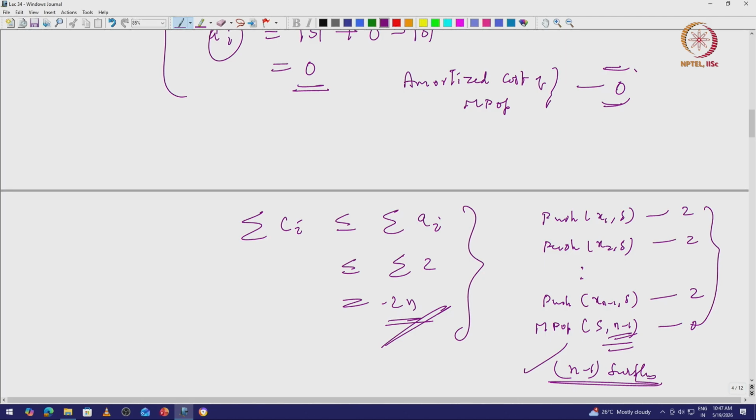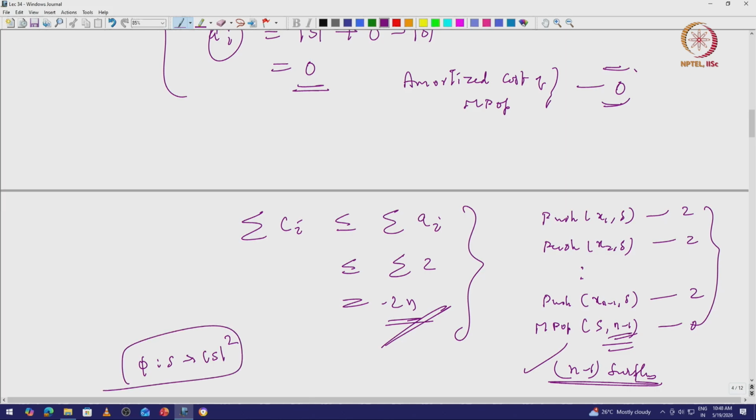So, if I use some other potential function, you may get Ai, but they may be junk values, you may not be able to simplify. For example, try the potential function phi of S equal to cardinality of S squared. This is also a positive function.